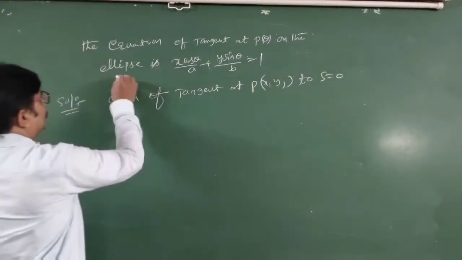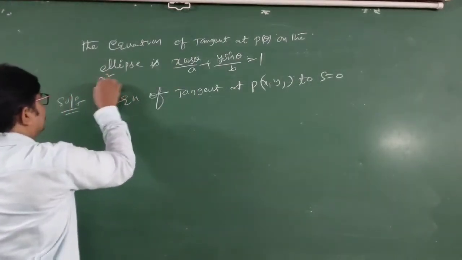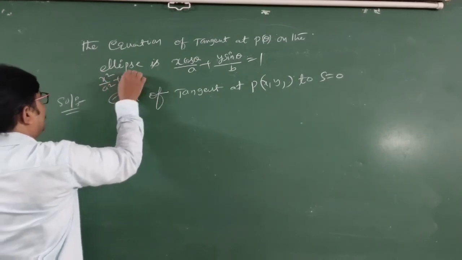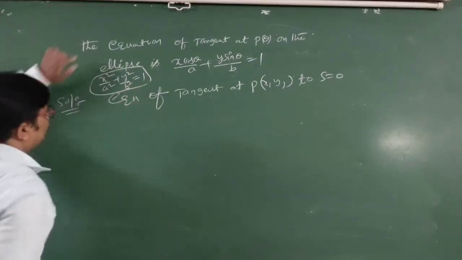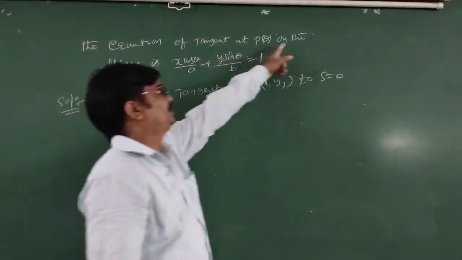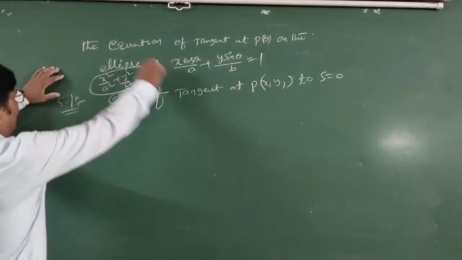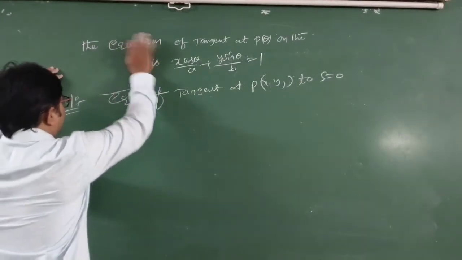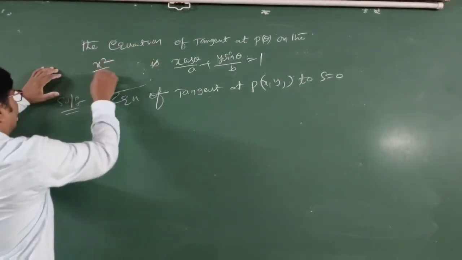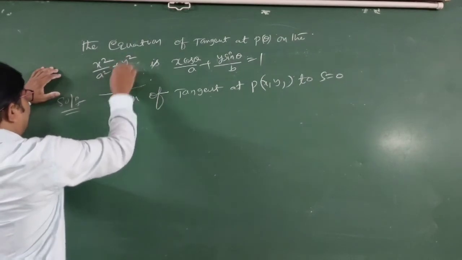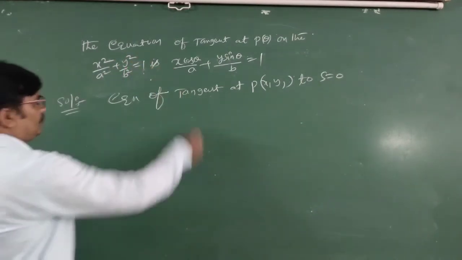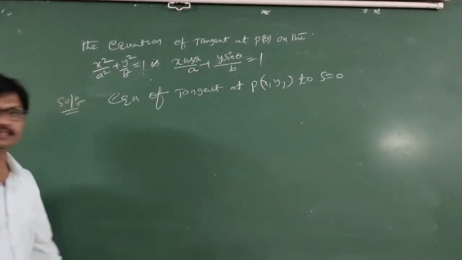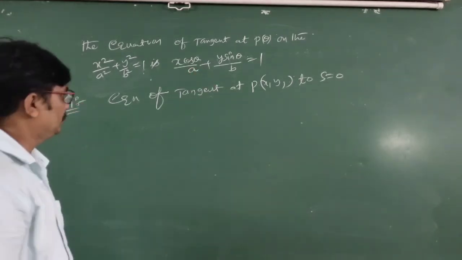We can write the ellipse x square by a square plus y square by b square equal to 1. The equation of the tangent at P theta on the ellipse x square by a square plus y square by b square equal to 1 is x cos theta by a plus y sin theta by b equal to 1.